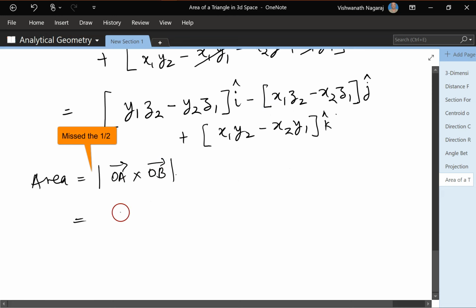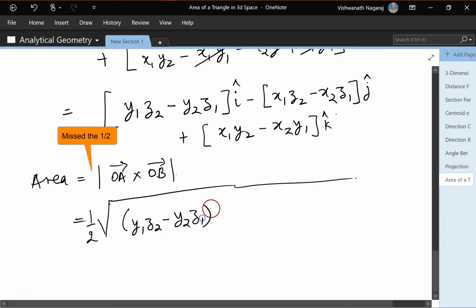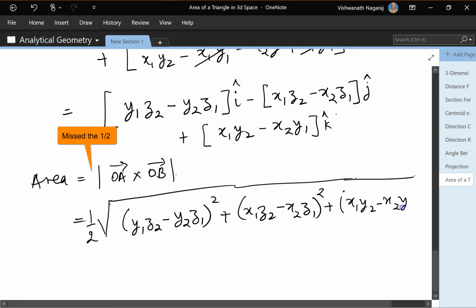So the magnitude of this would be the square root of the sum of the squares: half of the square root of (y1 z2 minus y2 z1) squared plus (x1 z2 minus x2 z1) squared plus (x1 y2 minus x2 y1) squared.